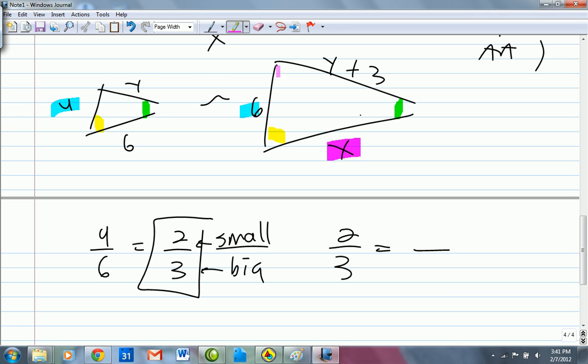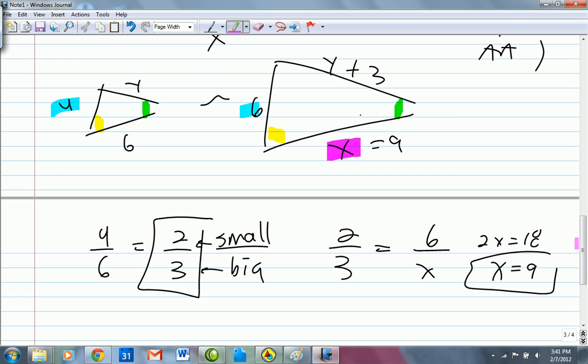So 4 to 6 equals 6 to x. Then if I solve for x, 2x equals 18, which means x equals 9. So that side is 9. We can check that: 4 to 6 is 2/3, equals 6 to 9. 6 to 9 is also 2/3. So we have corresponding sides proportional because of the angle similarity.